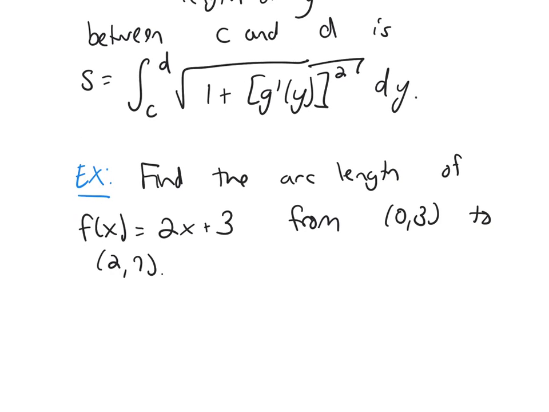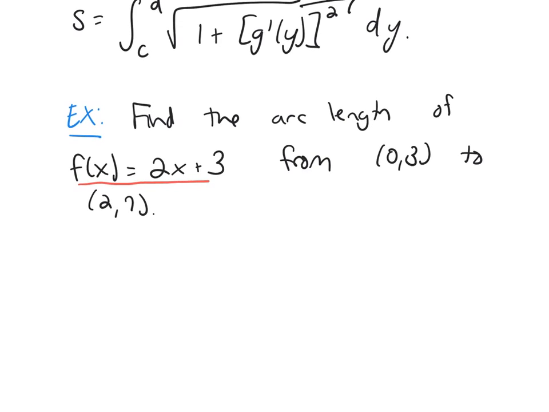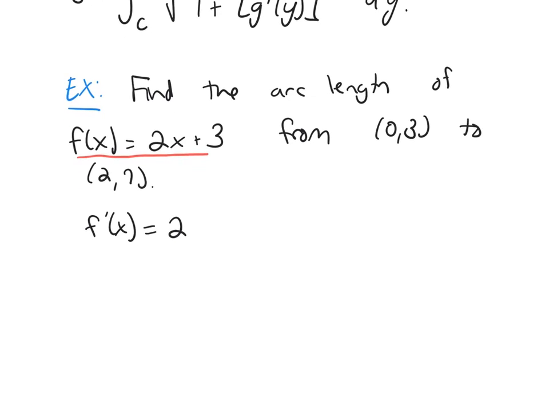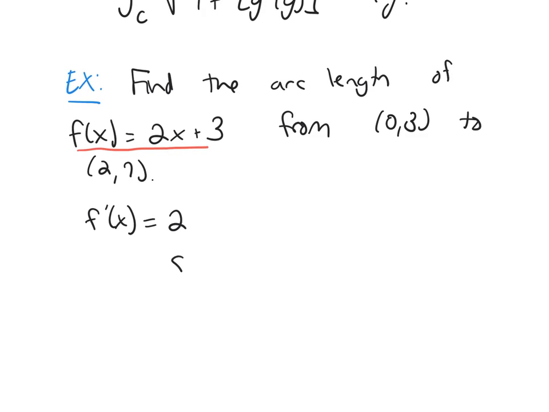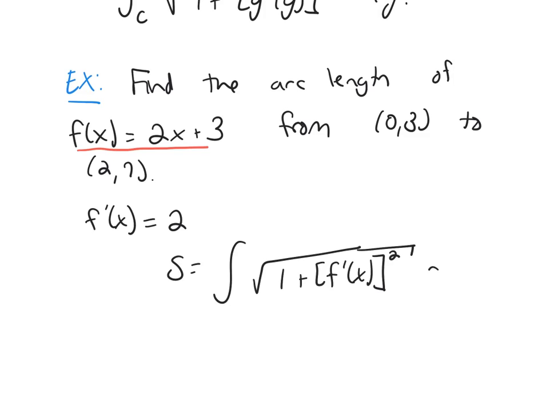So here's my function, and for my arc length formula, I need the derivative of that function, so let's find f prime of x. The derivative is 2, so let's set up our formula for arc length now. S is the integral, the square root of 1 plus f prime of x squared dx from a to b.